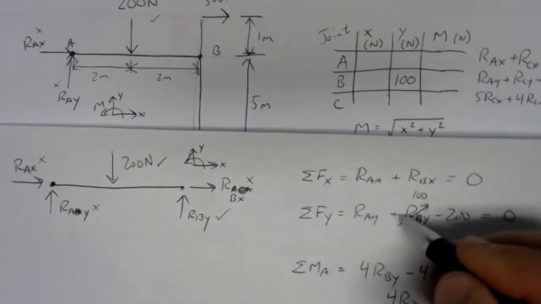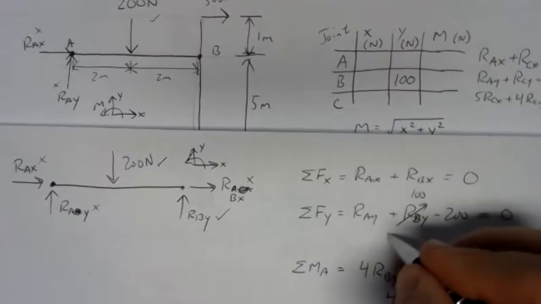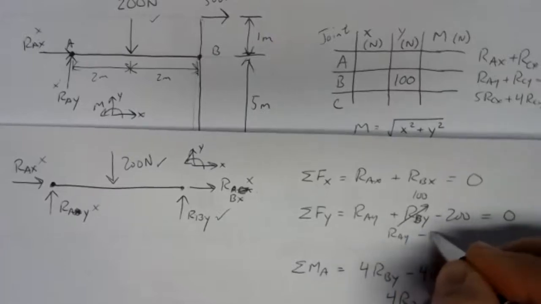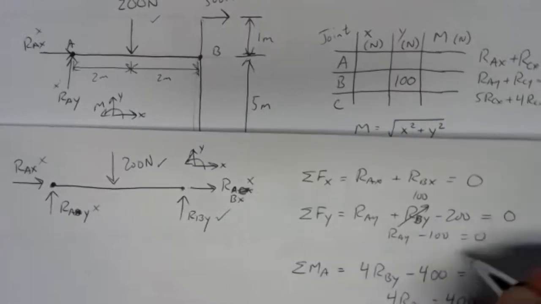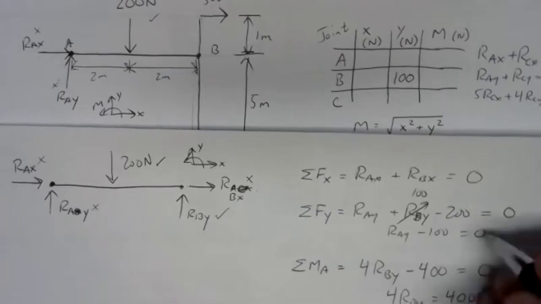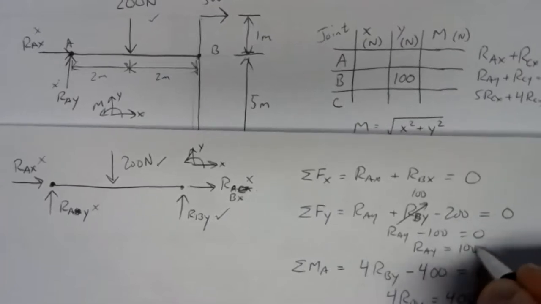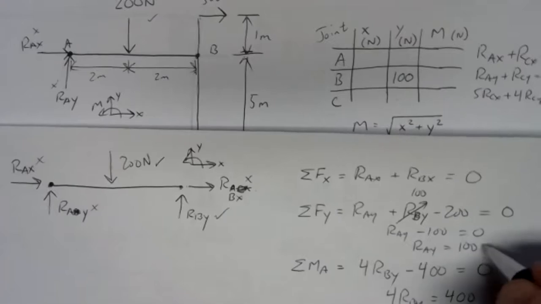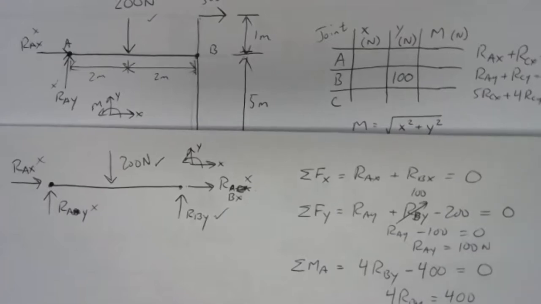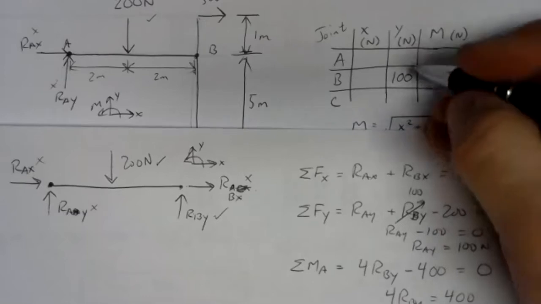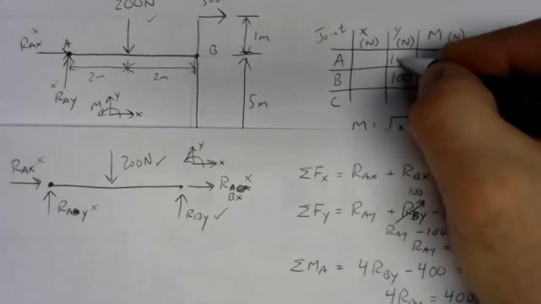So we have RAY plus 100 minus 200. That's RAY minus 100 equals 0. If we add 100 to both sides, now we've got RAY equals 100 newtons. So we've got another number we can plug into our table. We've got our y direction force, RAY. So that's 100 newtons.